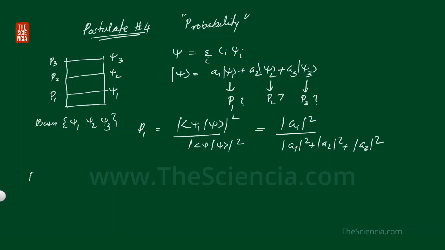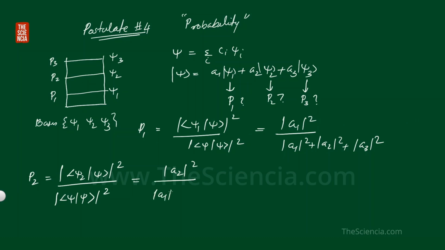And if we evaluate for P2, we will get mod square of bra psi2 ket psi divided by mod square of bra psi ket psi, that is equal to modulus of A2 square by modulus of A1 square plus modulus of A2 square plus modulus of A3 square.